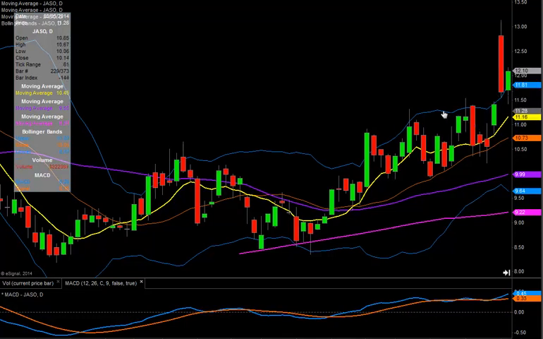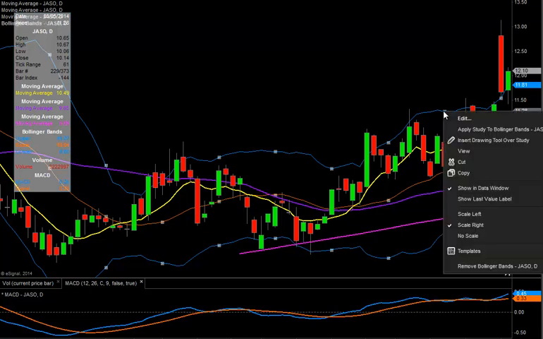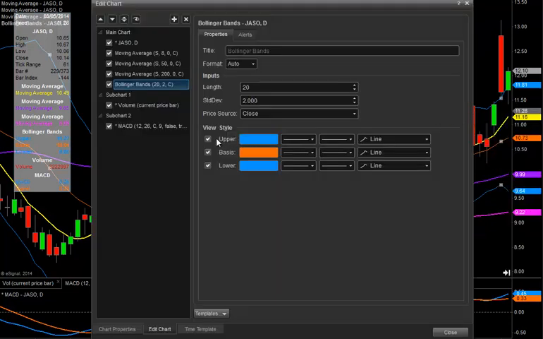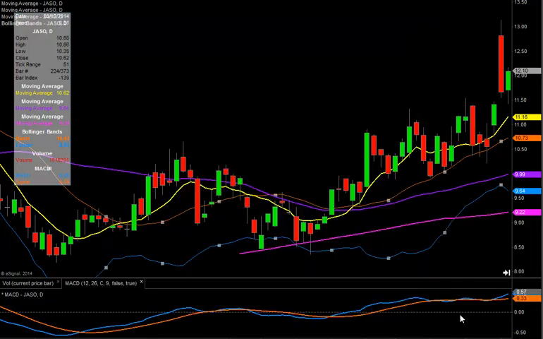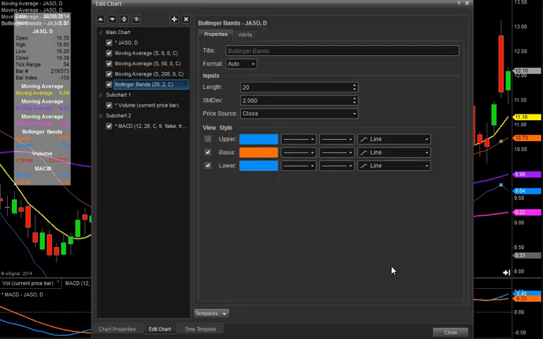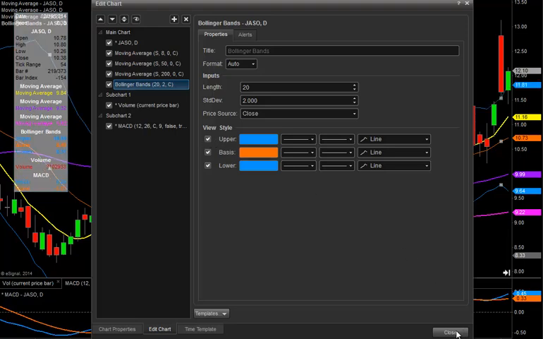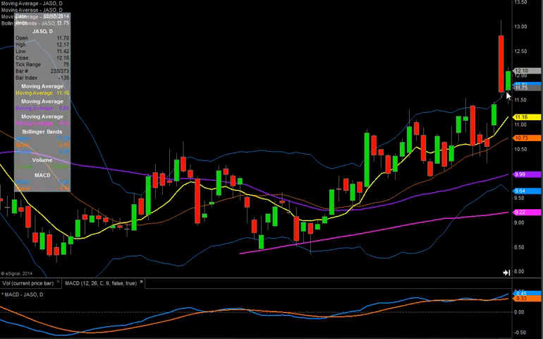Because think about it, until we had Bollinger Bands on here, let's just do this real quick. Let's just get rid of the upper one. So before we had Bollinger Bands, it looked like this. Kind of hard to tell. All right, you had this big nasty candle, and then you had this green candle right here. But now when we add that upper Bollinger Band back in, okay, that makes more sense.